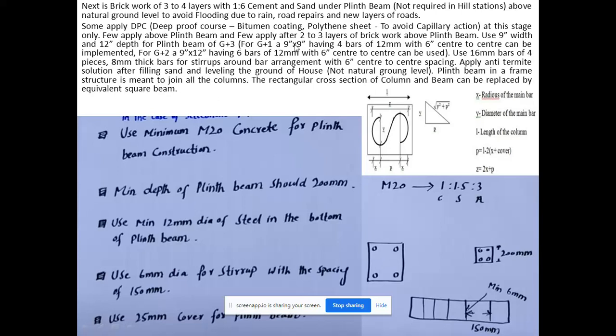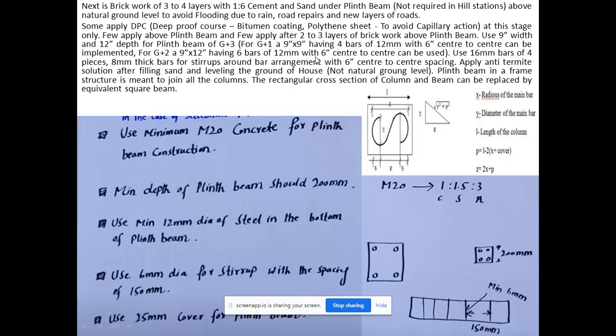For G+1, a 9-inch cross 9-inch having 4 bars of 12 mm with 6-inch center to center can be implemented. For G+2, a 9-inch cross 12-inch having 6 bars of 12 mm with 6-inch center to center can be used. But I suggest use 16 mm bars of 4 pieces with 8 mm thick bars for stirrups around the bar arrangement with 6-inch center to center spacing for G+3.